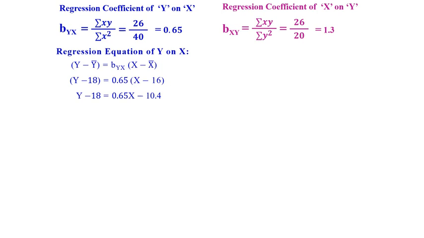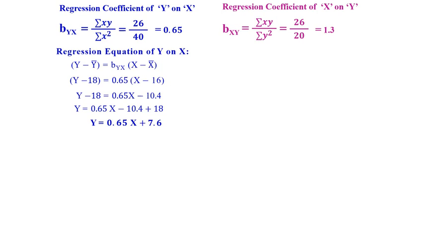So transpose minus 18 to the right hand side. It will become plus 18 on the other side. So simplifying this, we get y equals 0.65x plus 18 minus 10.4. Plus is more, so 18 is more. Therefore plus 7.6.